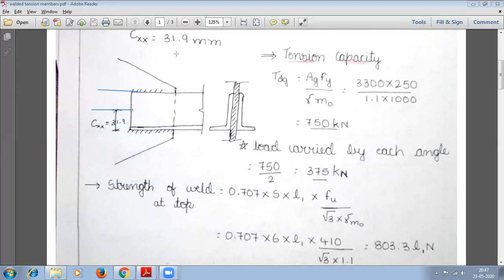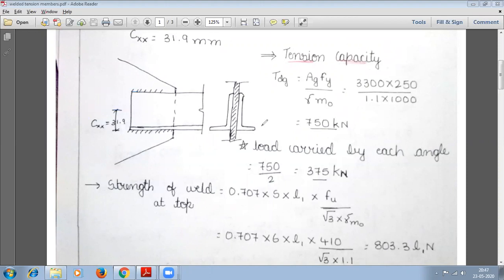So if I take this as P1, I will take this as P dash. You need to assume these two values. Fine. So this you need to remember.